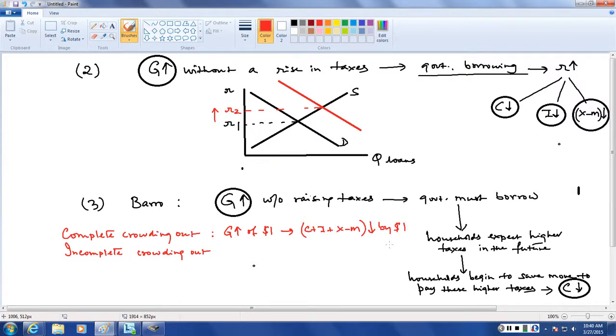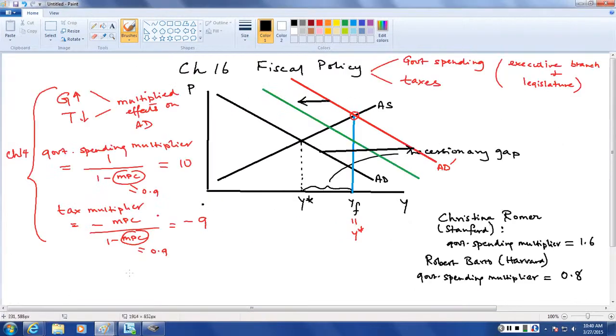Now, in this case, will government spending have any impact on AD? Would the increase in government spending have any effect on AD? So in terms of this diagram here, you have the AD curve shifting from the black to the red because of the $1 increase in government spending. But now the other three spendings go down together by $1.